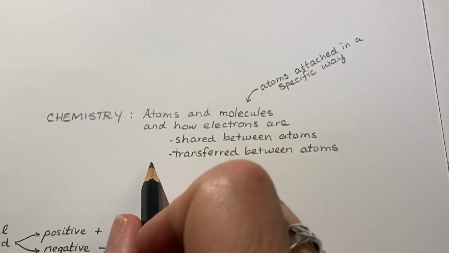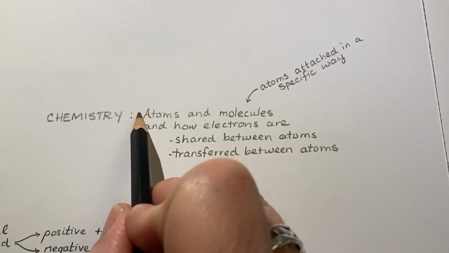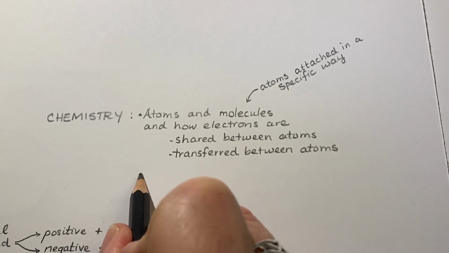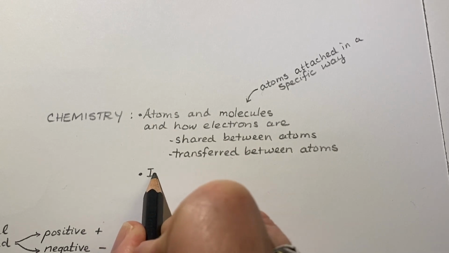So we have atoms and molecules, and we also have ions.